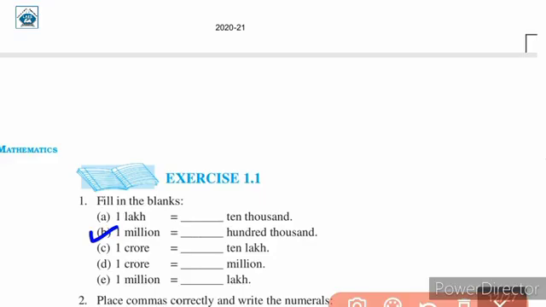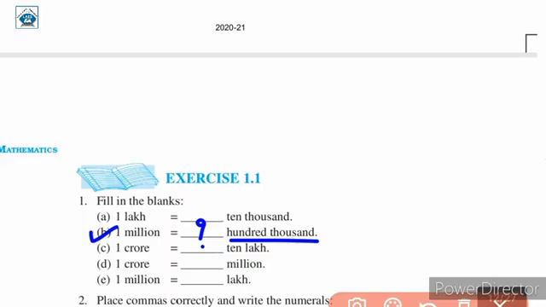Next, 1 million is equal to dash 100,000. So we need to find out what we should multiply 100,000 by in order to get the answer equal to 1 million. So here, how will we write 1 million? While writing 1 million, the place value of 1 should be 1 million, right? The number 1 will be in the million place.